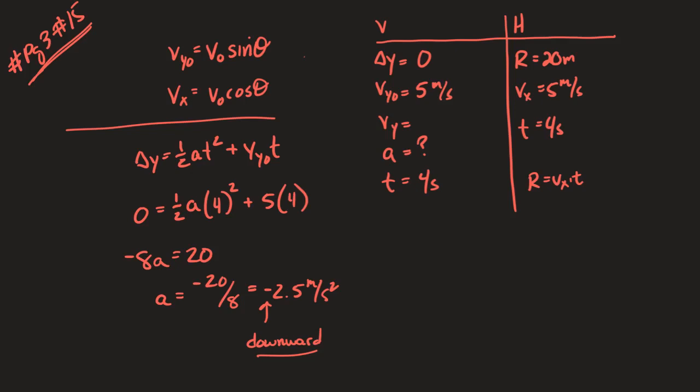Question C. Draw graphs to quantitatively represent the vertical and horizontal velocities for the entire 4 seconds of flight. Looking back here, the vertical velocity starts at 5, but has a slope of negative 2.5.